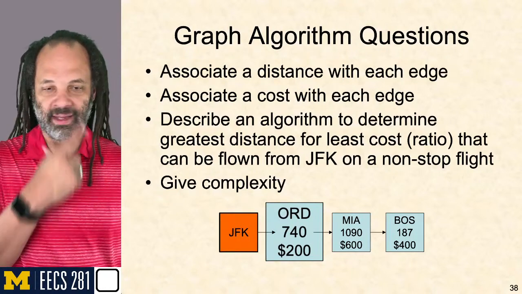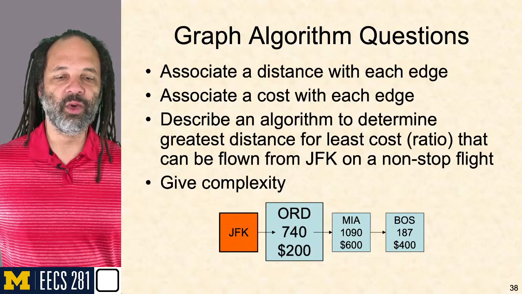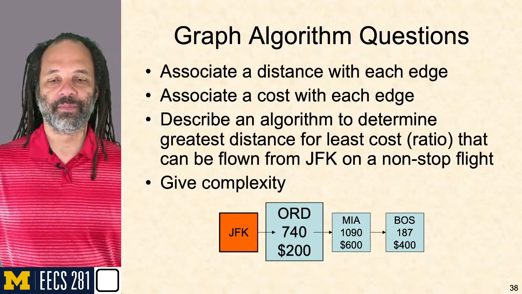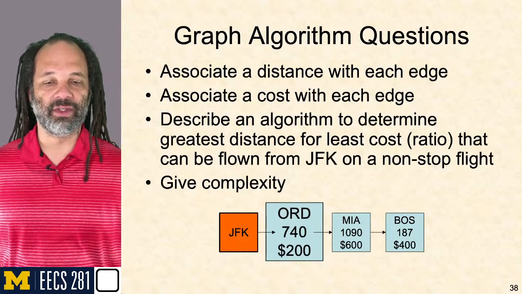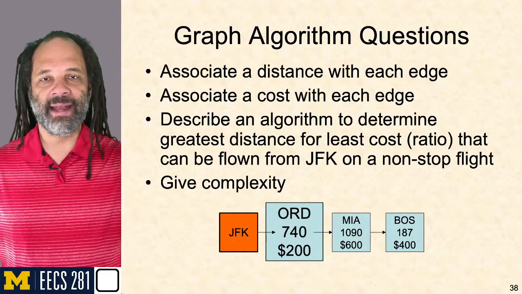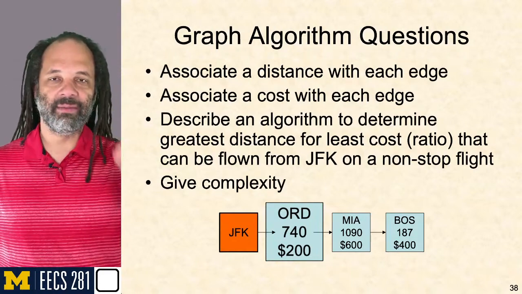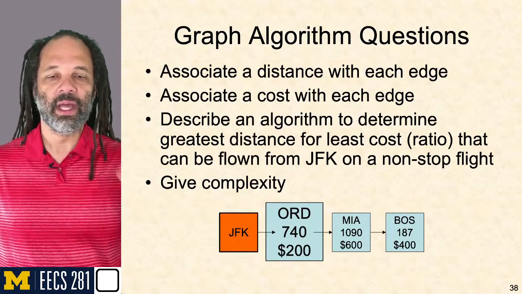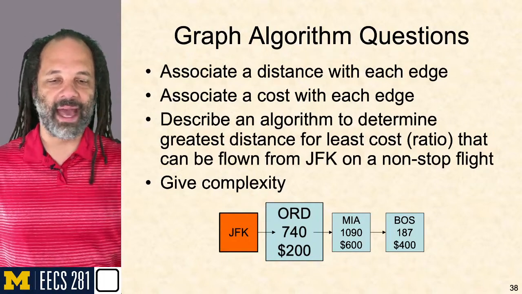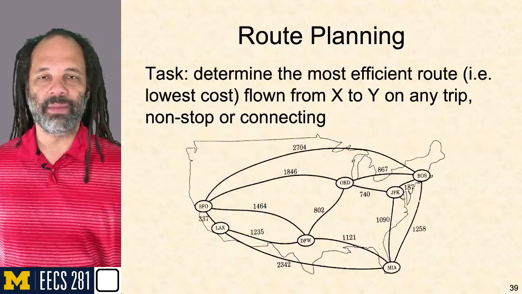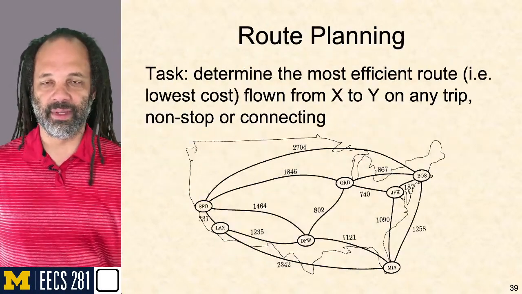In Miami, it's not quite 2 miles per dollar. In Boston, it's much less than that. So the way that I would pull this off is just do that division, and then similar to finding the maximum distance, here I'm just trying to find the maximum ratio. So all I would have to do is calculate that and then look at each one of the things in there. So my complexity then would be a big O of 1 plus E over B.